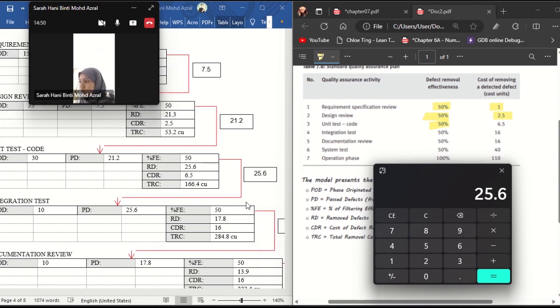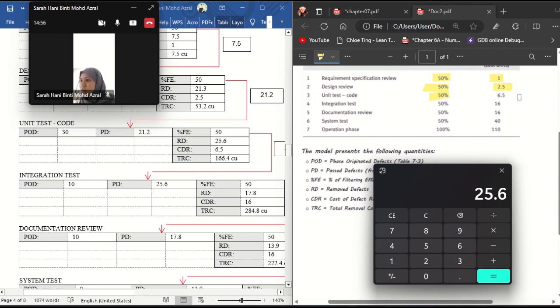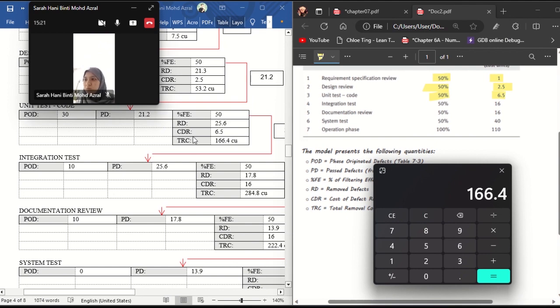Then you will have 25.6 for the remove defects, and the CDR given is 6.5. So the TRC of it is 166.4, where you multiply the RD with the CDR.